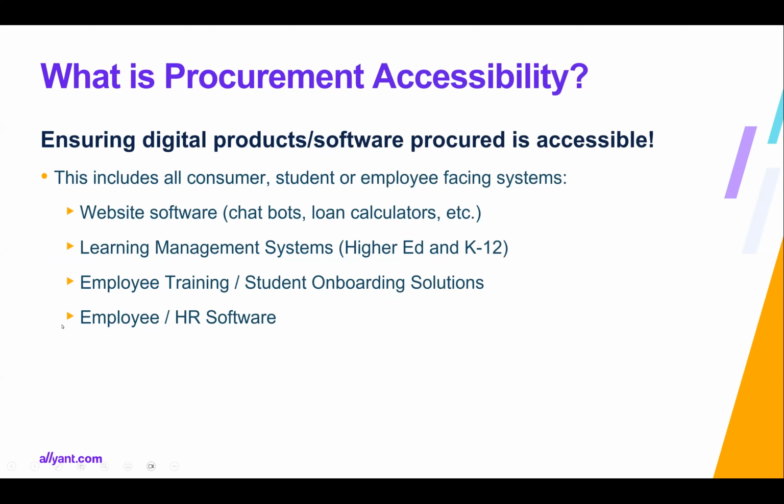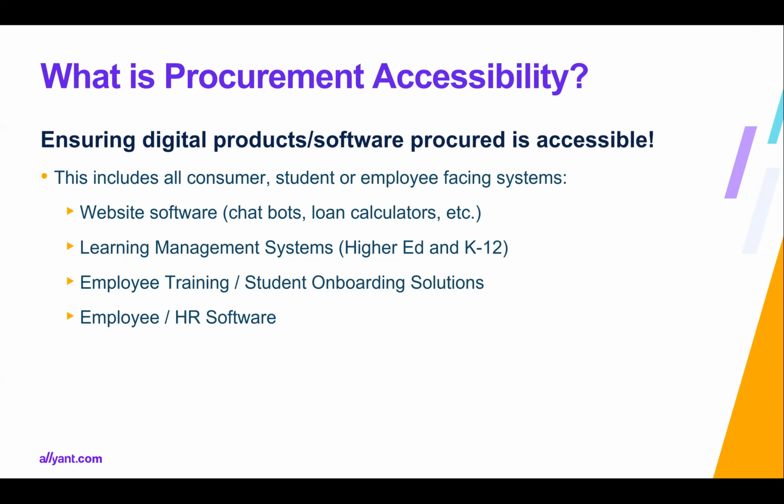With that, I'll jump into a kickoff to the conversation. At a baseline level, we're talking about procurement, we're talking about accessibility, and how do these two things play together? When we think about procurement accessibility here at Allyant, we're helping support teams in ensuring the software or products they procure are accessible.